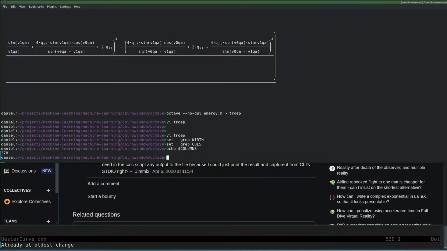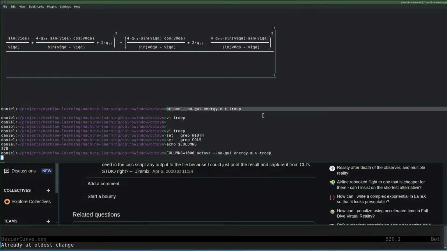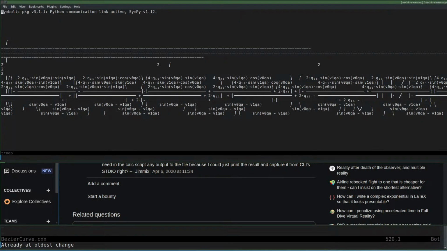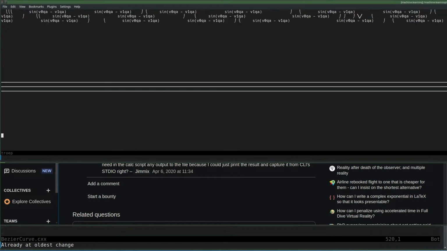So what happens if I do columns is 1000, and then we run this. Yep, I think that did it.